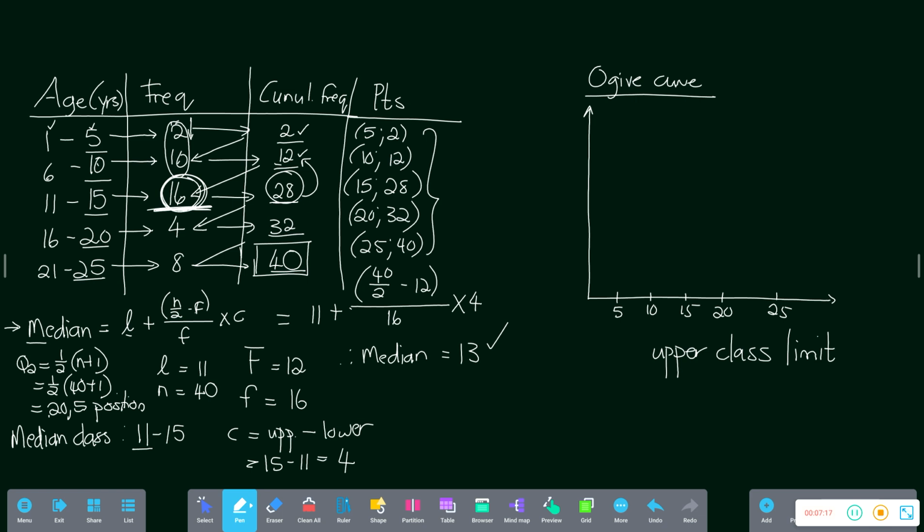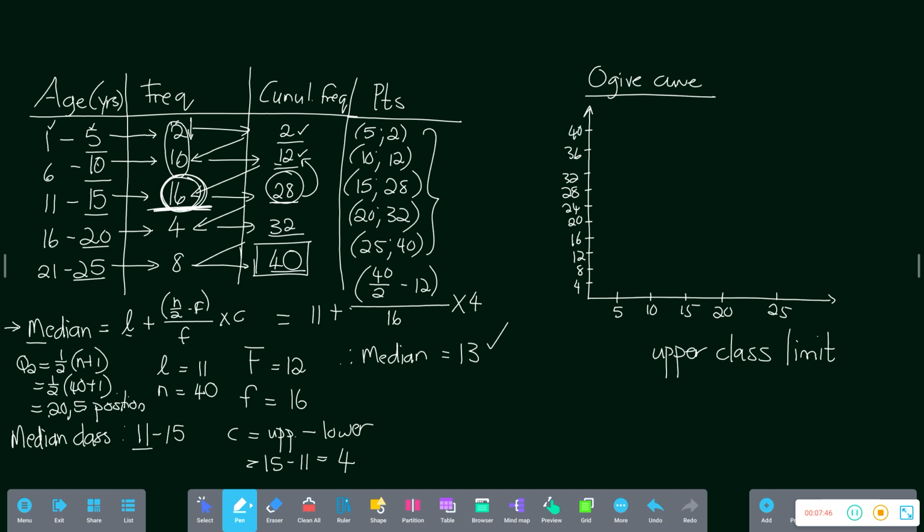And then on the y-axis, let's count in fours: 4, 8, 12, 16, 20, 24, 28, 32, 36, and 40.